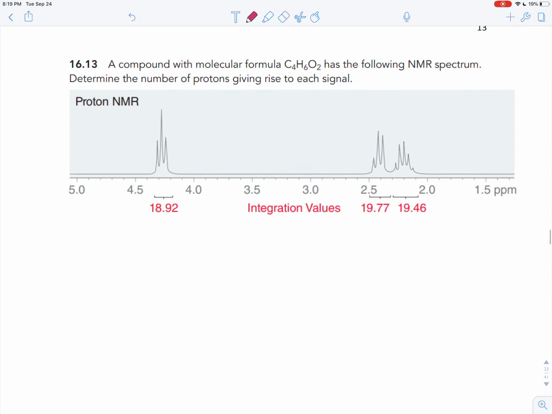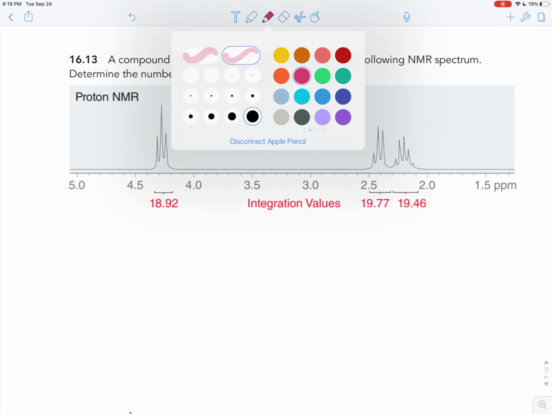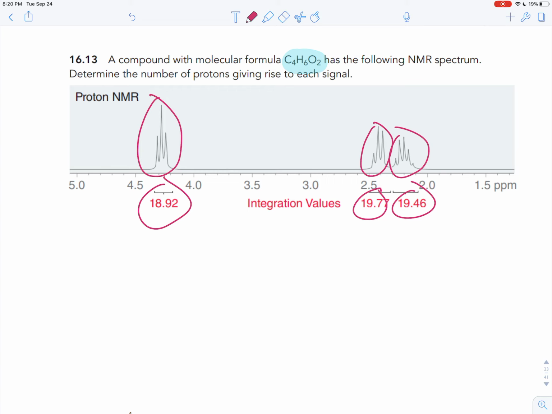All right, we can take that same procedure and apply it to 1613. They give us a molecular formula, and they give us the areas underneath these 3 different peaks. Now, each one of these peaks represents a different electronic environment in whatever molecule this is. So those numbers they give us, the integration values, the areas under those peaks, are very non-intuitive.